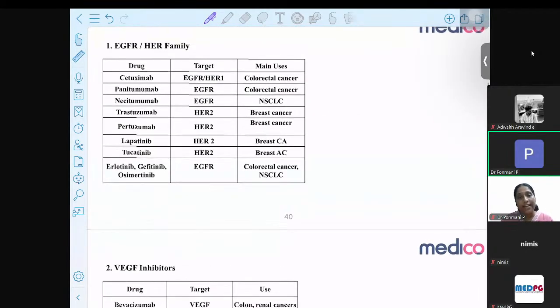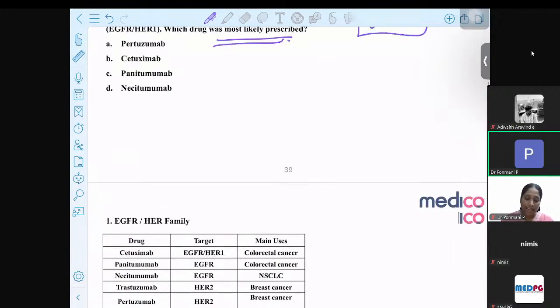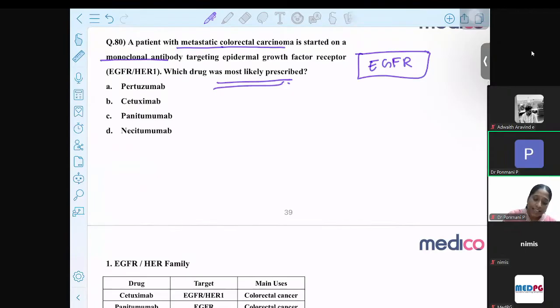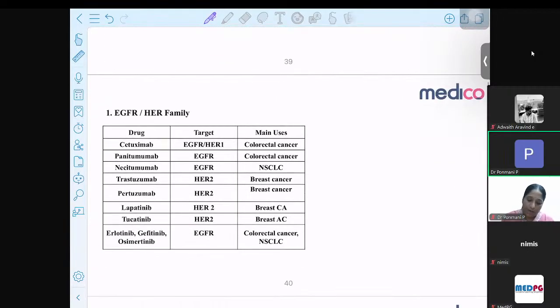For everything, I have given you the maps. So from this family, we will select. What are they asking? It is given for colorectal carcinoma and it is going to target EGFR. So here we have 2 drugs which are given for colorectal cancer and also target the EGFR. What are the drugs? Cetuximab and panitumumab.